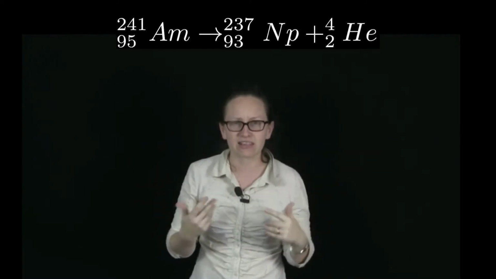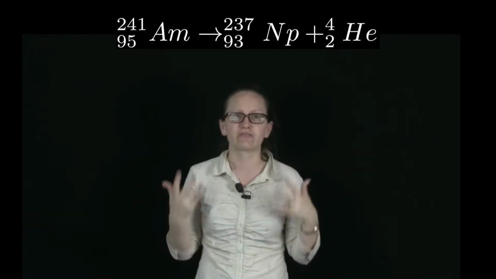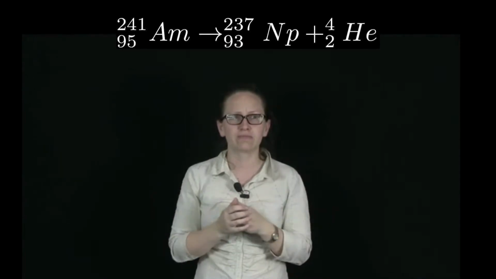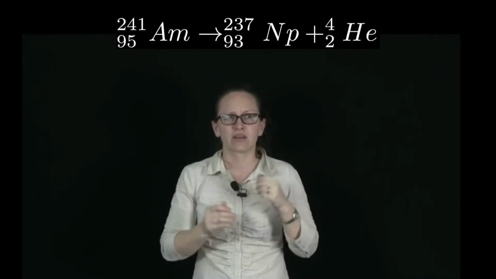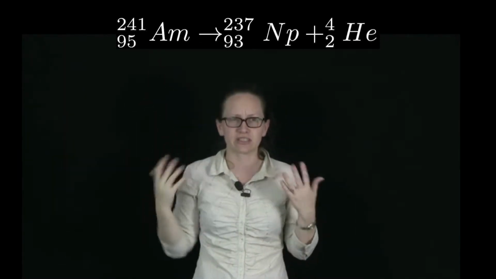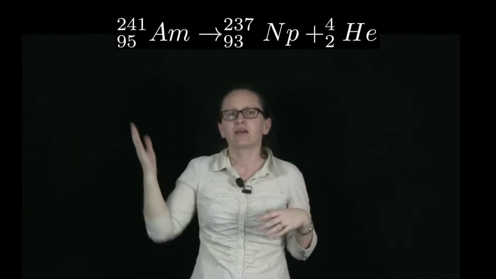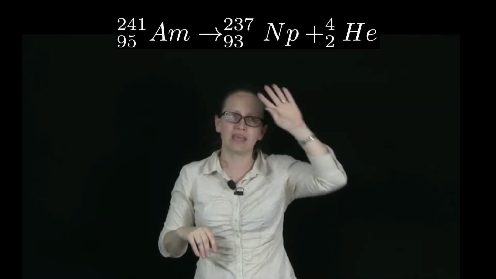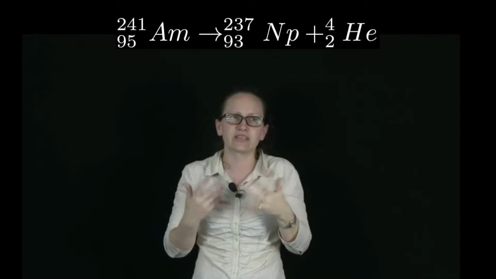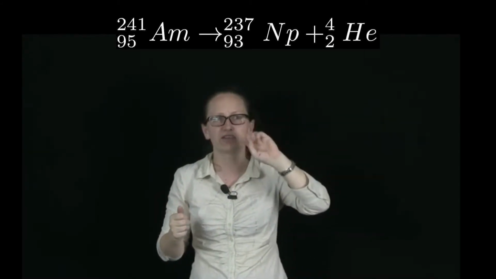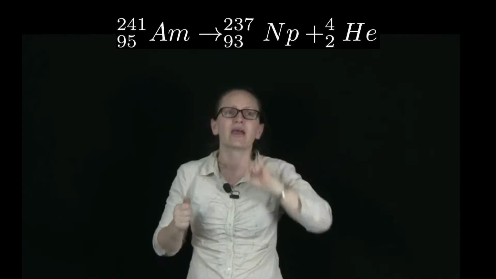For practice, let's write down the equation of the decay of americium-241. So we can write this as americium-241, 241 95 Am, which is the symbol for americium, turns into an alpha particle, which is 4 2 helium, and then you can see that the atomic number needs to be 95 minus 2, so 93.